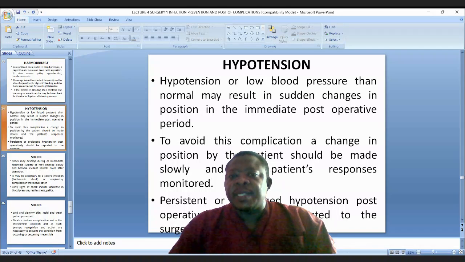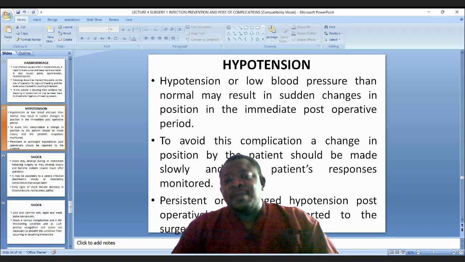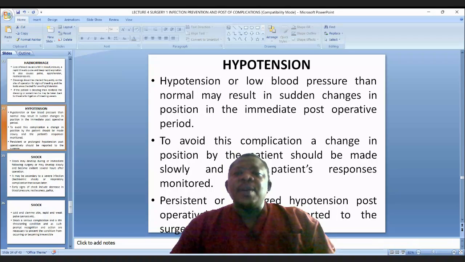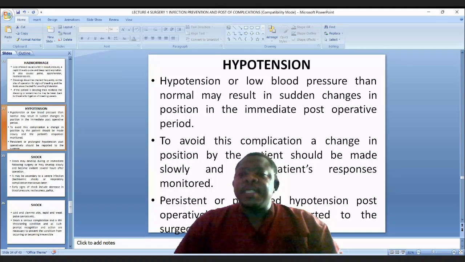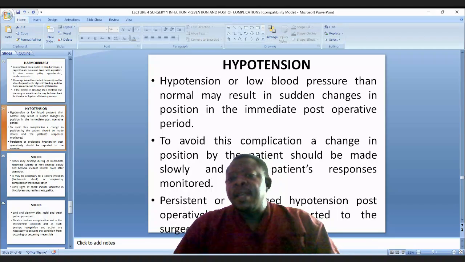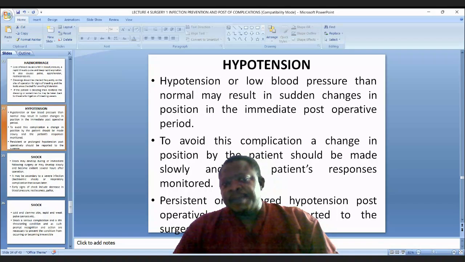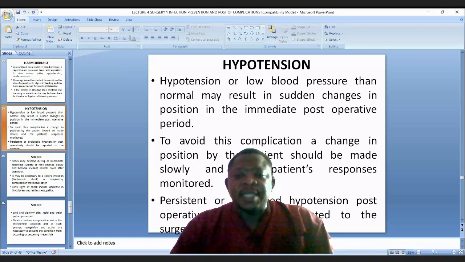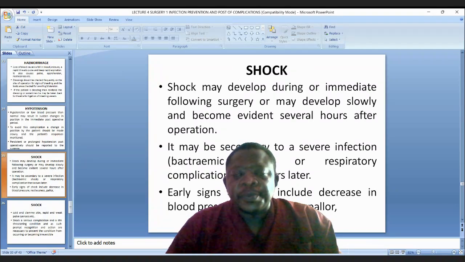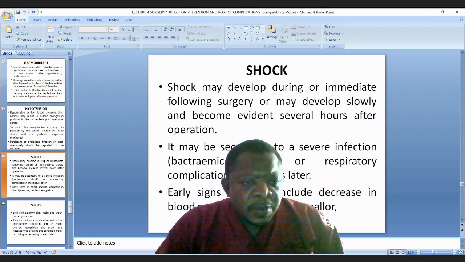Then the other complication for our mnemonic is deep vein thrombosis. There is deep vein thrombosis and thrombophlebitis. Deep vein thrombosis is the formation of a clot in a vein due to stasis of blood, and it develops mostly in the lower limbs. Pressure on the calf and prolonged flexion of the legs should be avoided in order to prevent thrombosis, as they may slow blood circulation.